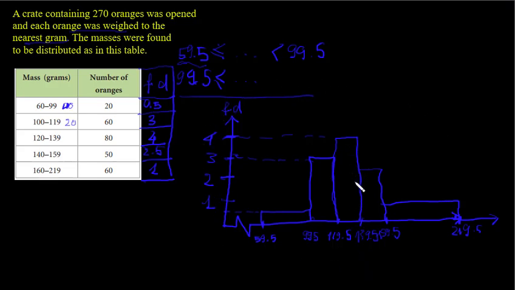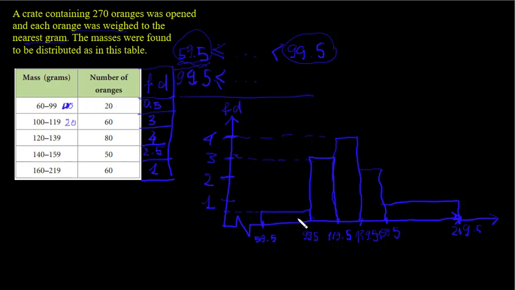Please remember that these groups are continuous and you have to take account of that, because they are rounded to the nearest gram, so you have to think of these things. For a data set like this, remember that the class width is not 99 minus 60, it is 99.5 minus 59.5, which is 40, not 39.